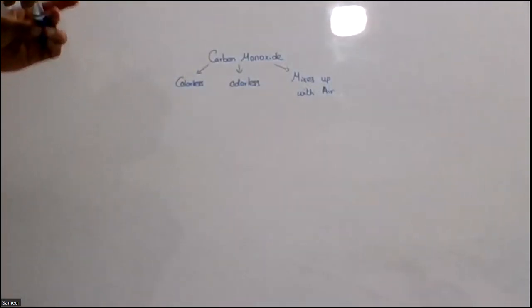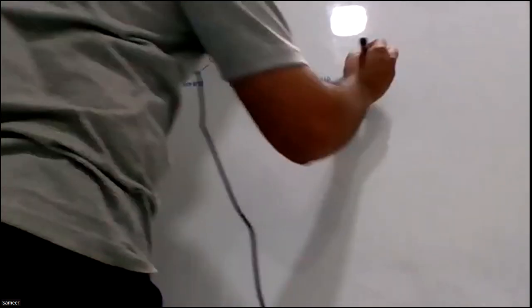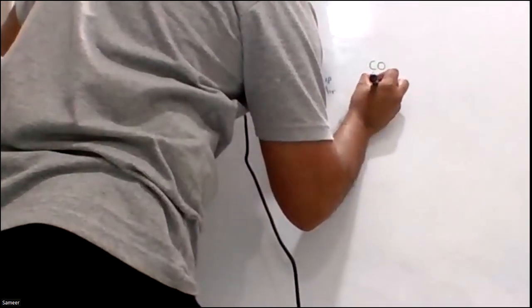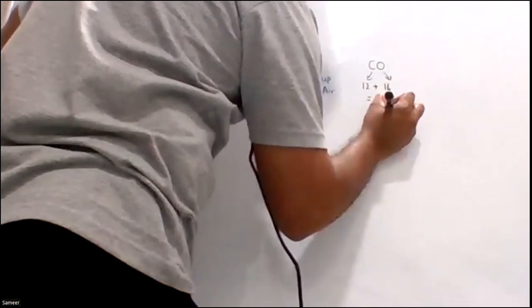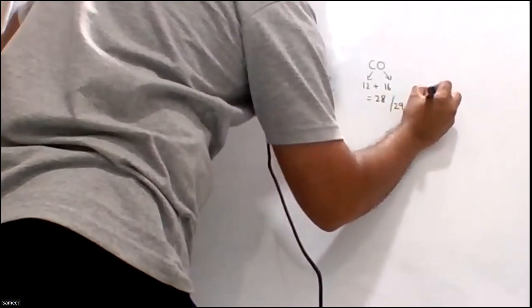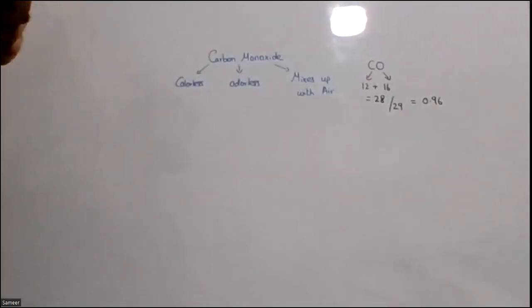We have also discussed why it mixes up with air: because the molecular weight of carbon monoxide, which we have calculated, is approximately equal to the molecular weight of dry air. That is why it is very difficult to detect.